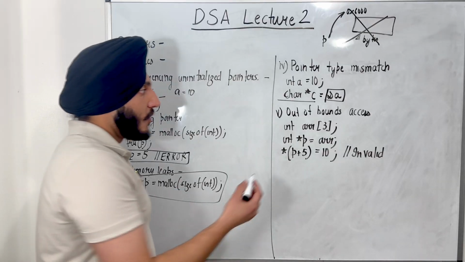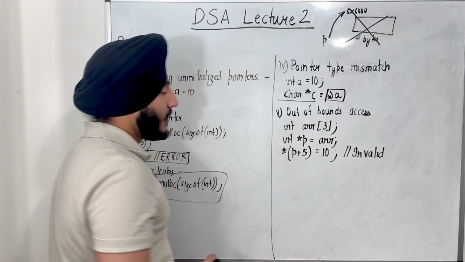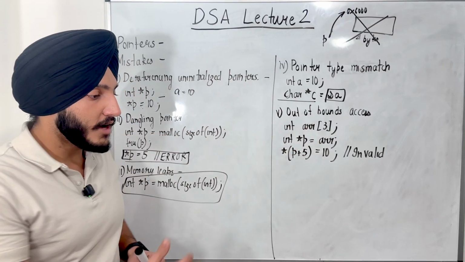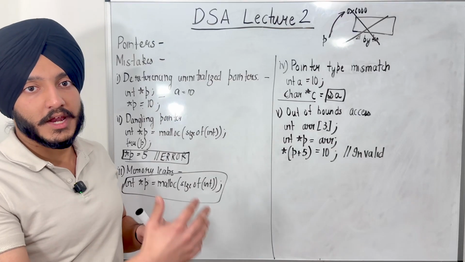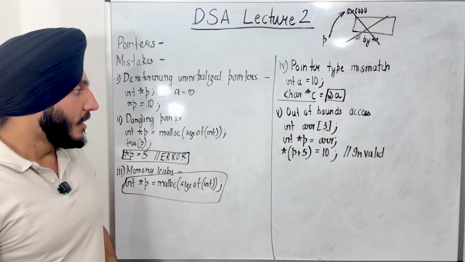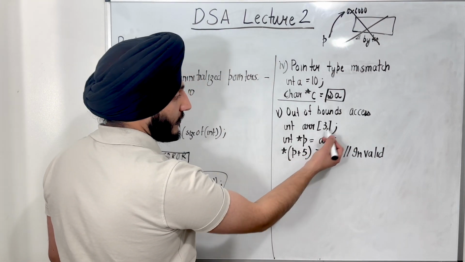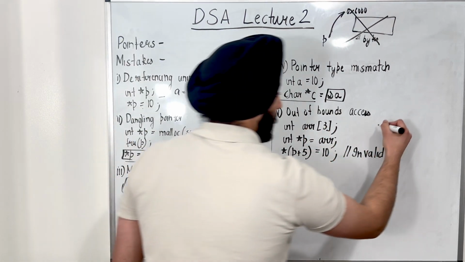The last one is the out of bounds access error. If you look at this code snippet, we need to make sure that we stay within the bounds of whatever array we have created. In this example, I create an array of 3 integers.